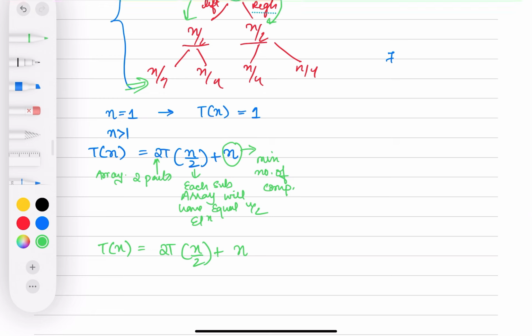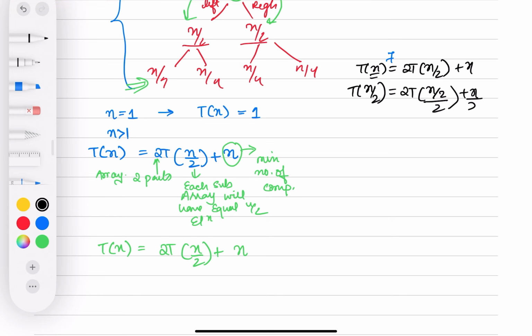Now in the next case, instead of n, I will put n by 2. I'm writing that as rough work here. T of n was 2T(n/2) plus n. So if I need to figure out T(n/2), instead of n I put n by 2: T(n/2) is 2T(n/2 by 2) plus n by 2.